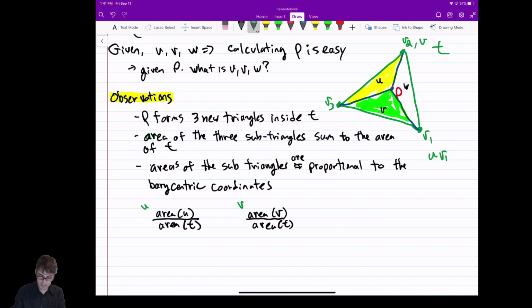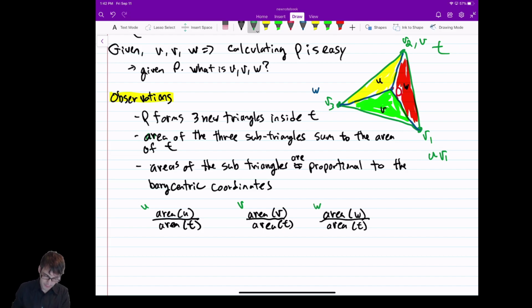So v times v2, that's my part of p. And for the last one, I can shade that with my ultra rare red highlighter. This is going to give me my w coordinate for v3. I said y, I meant to say w. So the area of w divided by the area of t is going to give me my w coordinate.